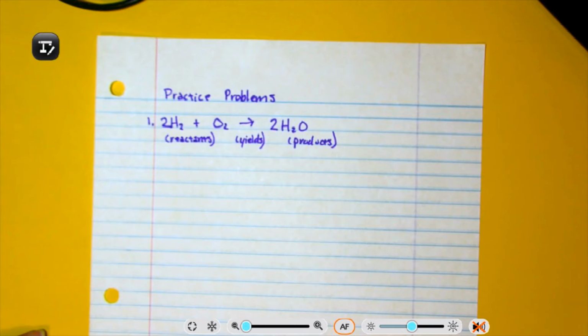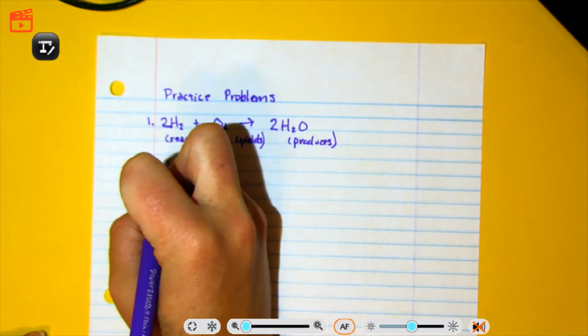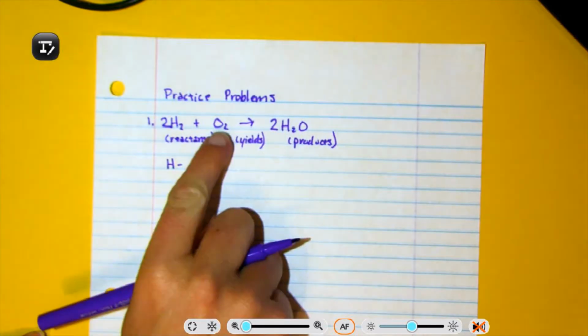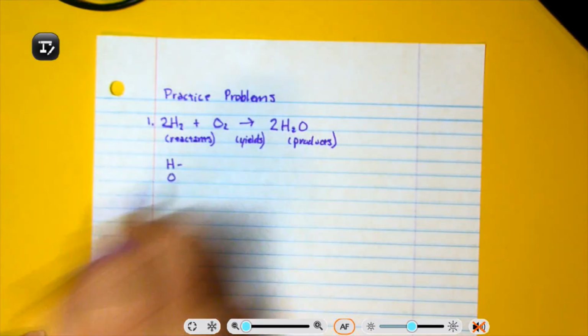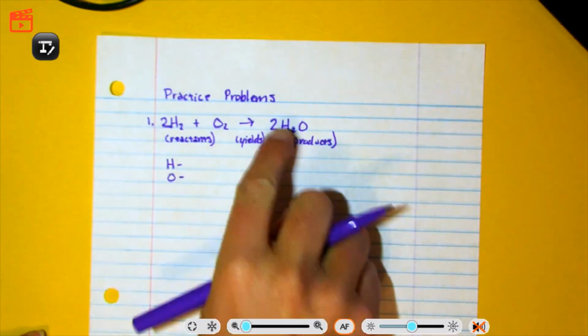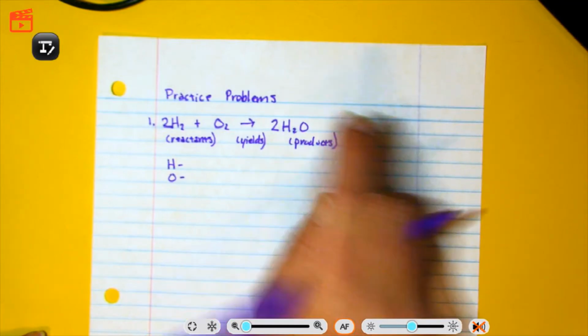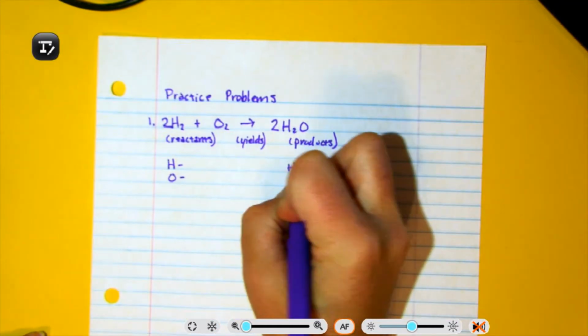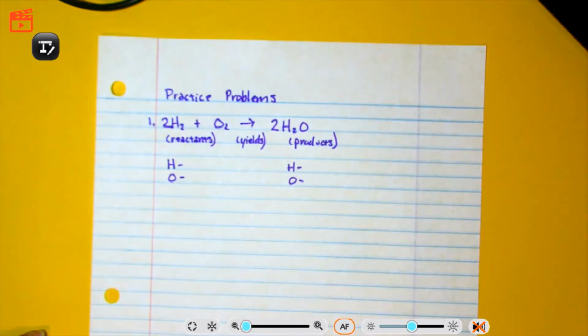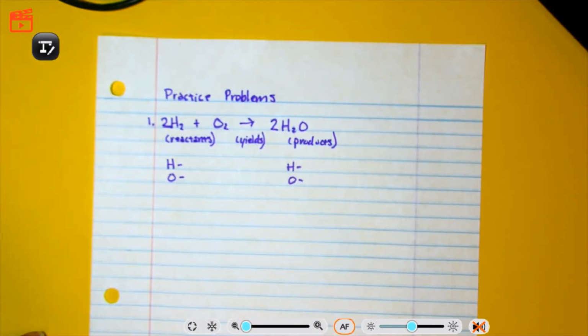We count capital letters, right? So over here, I have a capital H, and I have a capital O. Over here, on our product side, I also have a capital H, and I have a capital O. So that's promising. I have the same elements on either side, right? So now I need to count these atoms.